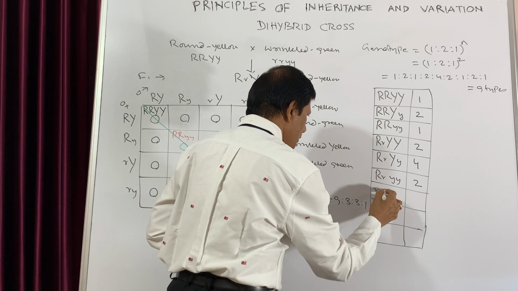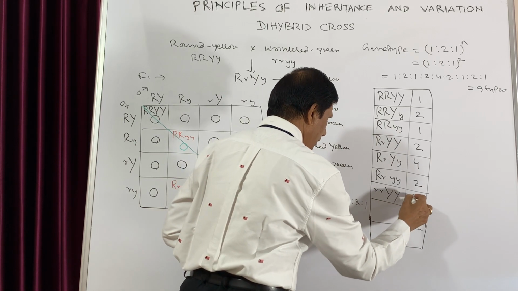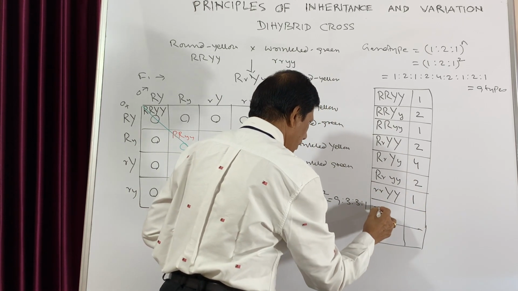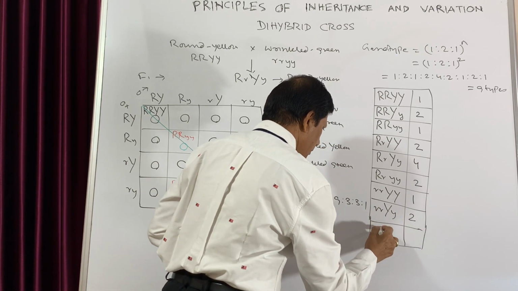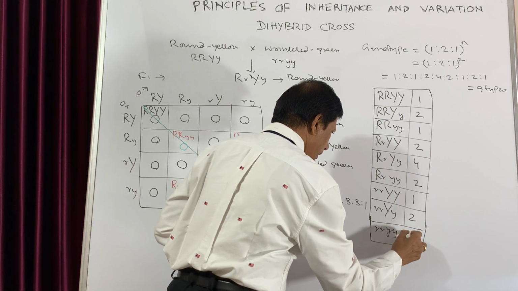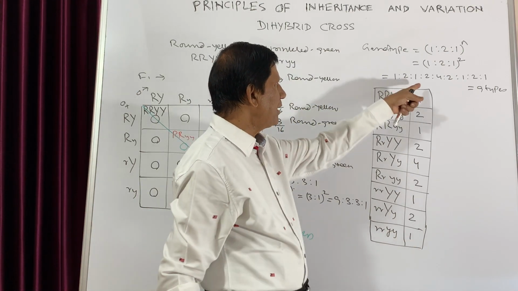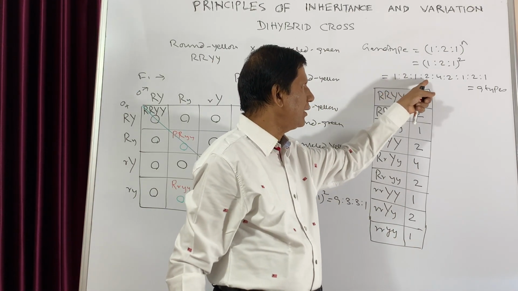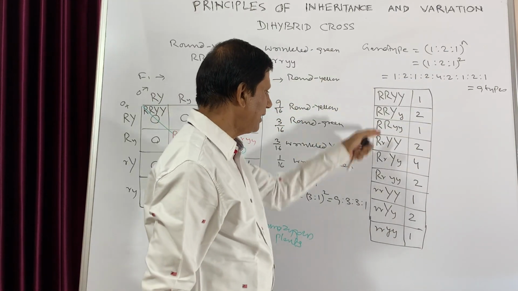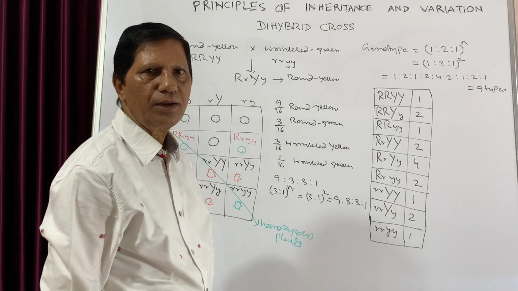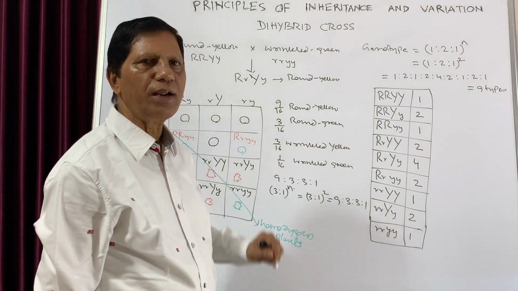Then small r, small r, capital Y, capital Y, 1. Then small r, small r, capital Y, small y, 2. Then small r, small r, small y, small y, 1. That means the genotypic ratio is 1:2:1:2:4:2:1:2:1, the 9 types. These are the 9 types of the genotypes.